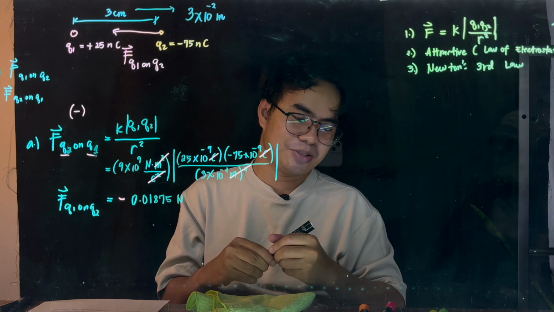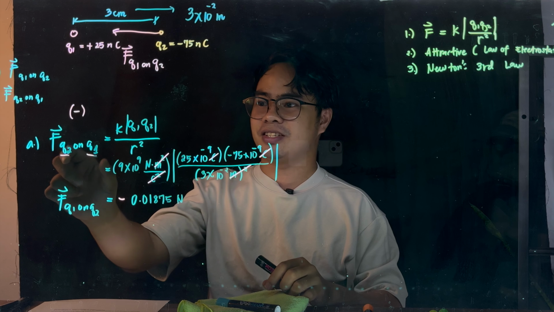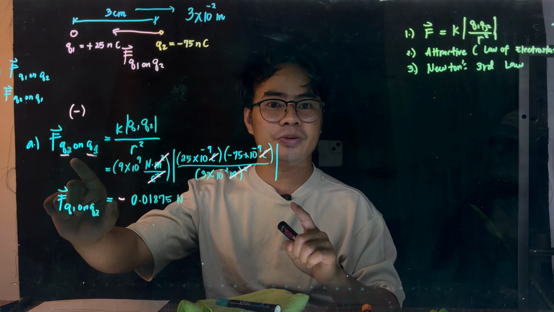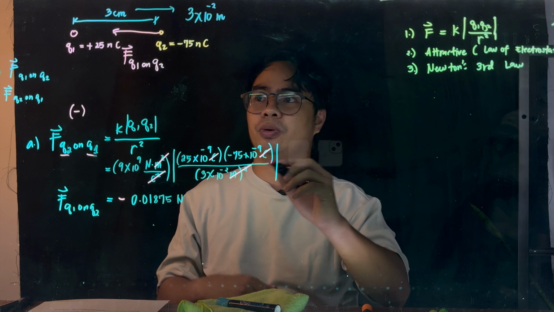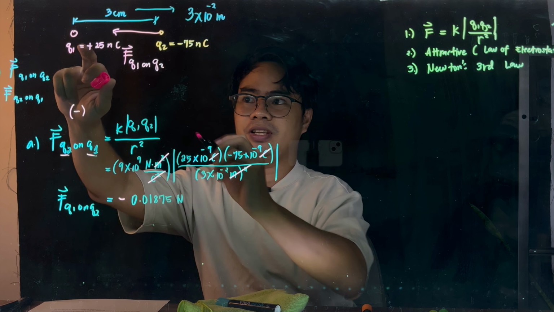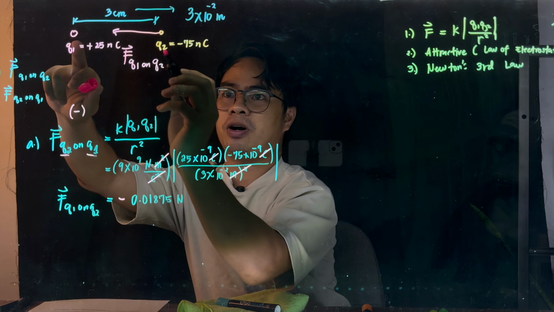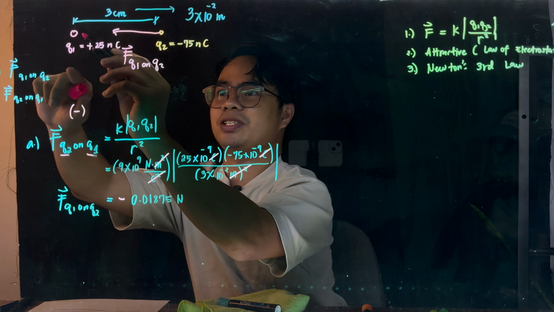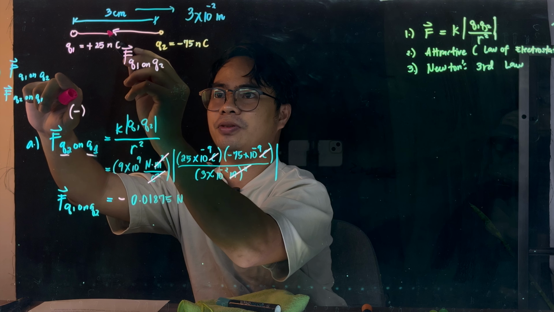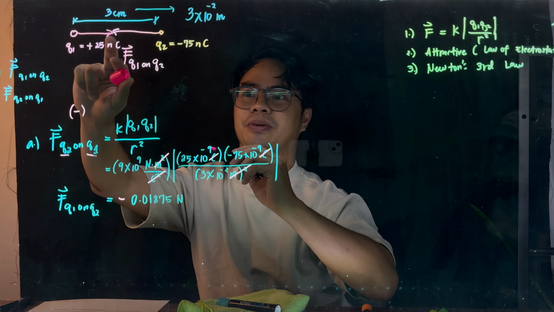Going back to the illustration, the same logic applies: the charge Q2 exerts a force on Q1. So we start plotting the direction of our force on Q1, because Q1 is a positive charge. How will it respond to a negative charge? Obviously, it will be attracted, so that force should be directed to the right.